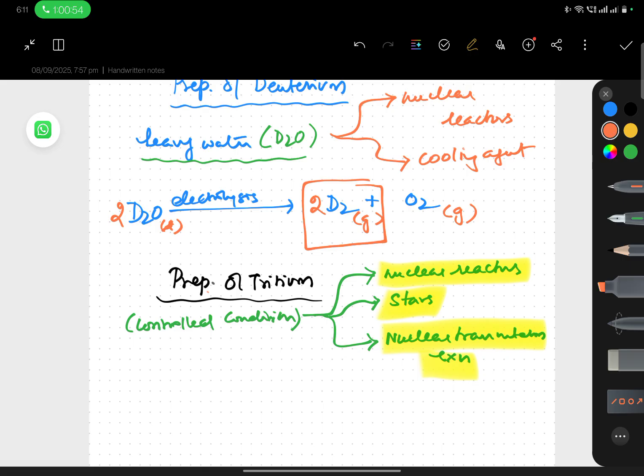Let me show you the nuclear transmutation alone. This is lithium-6 plus neutron gives you helium-4 plus tritium-3. Please make a note, ma.